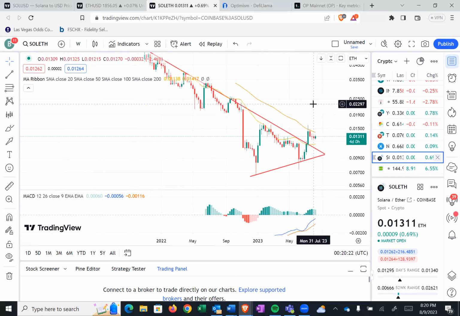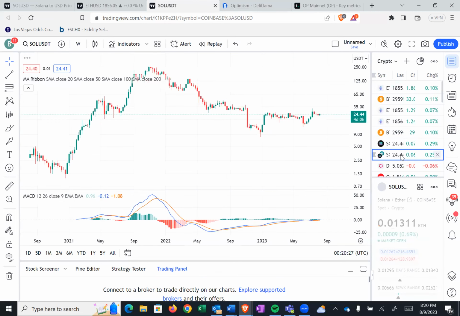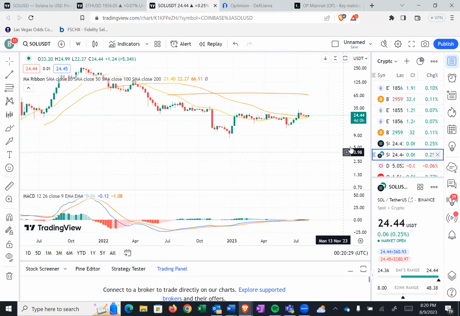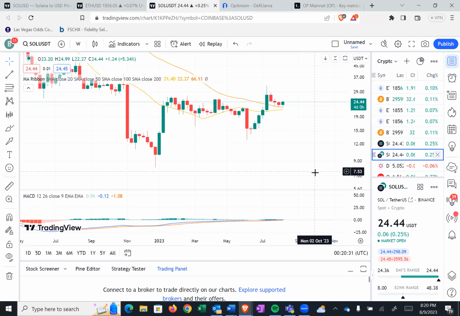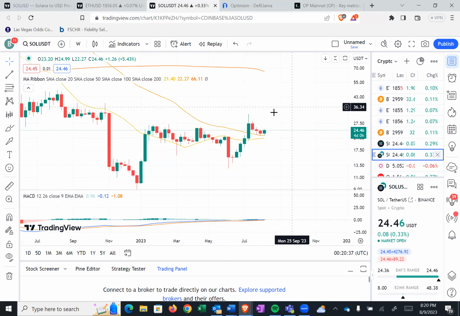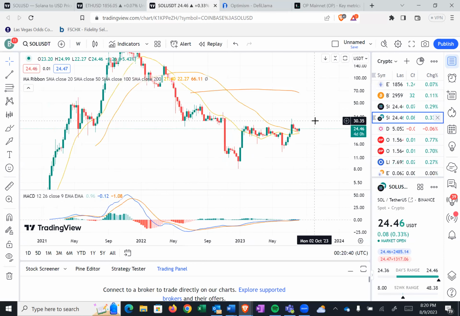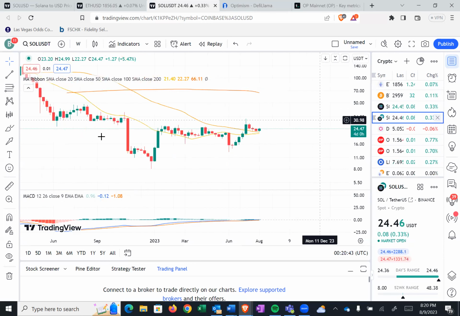And this might not be the full. Oh, sorry, I apologize. So if we look on the weekly here for Solana, just Solana USDT, we are catching support here, and don't be surprised, because I just think this thing looks ready to print.